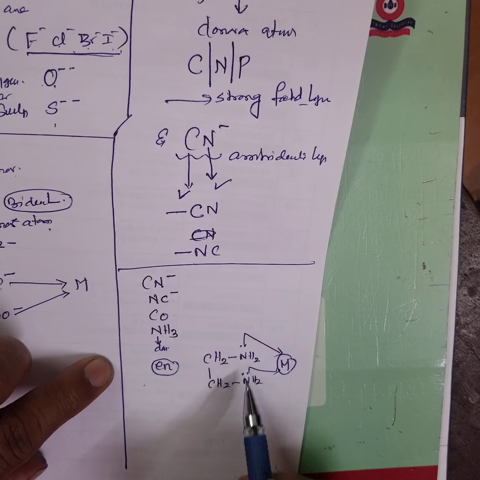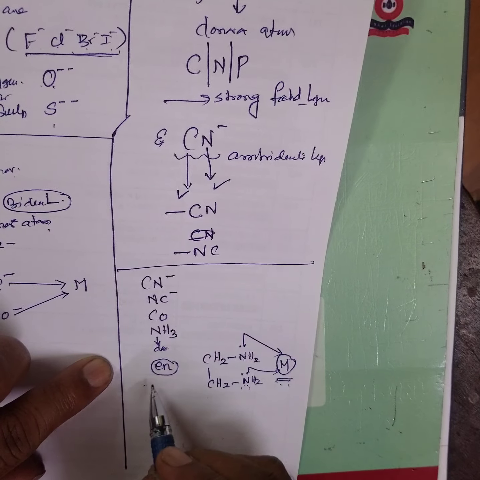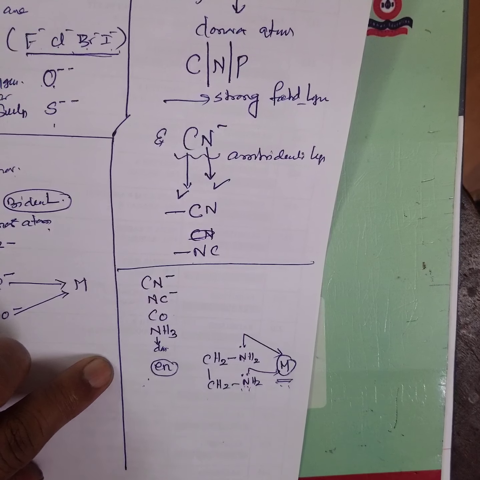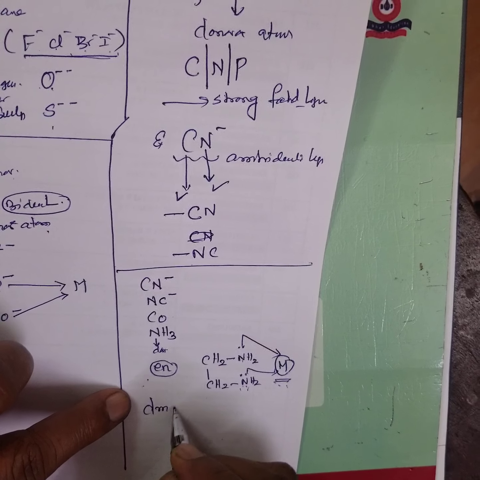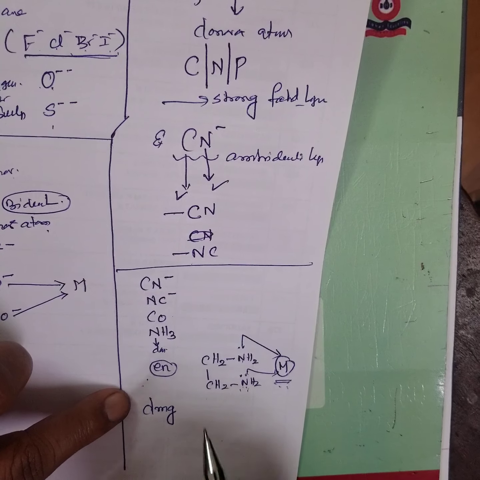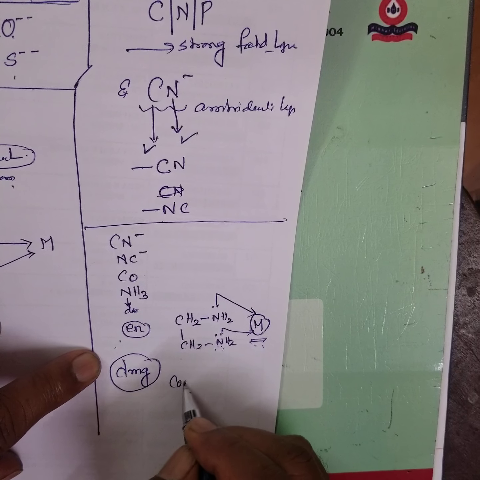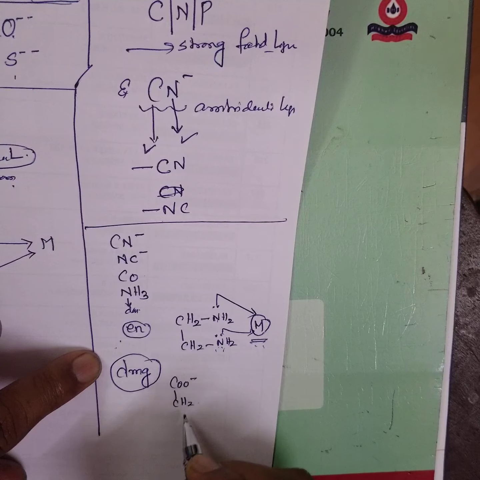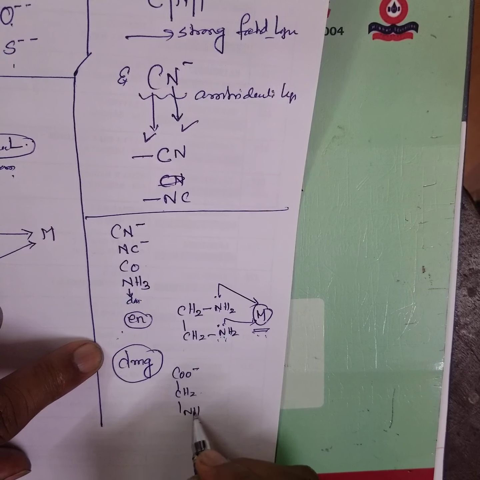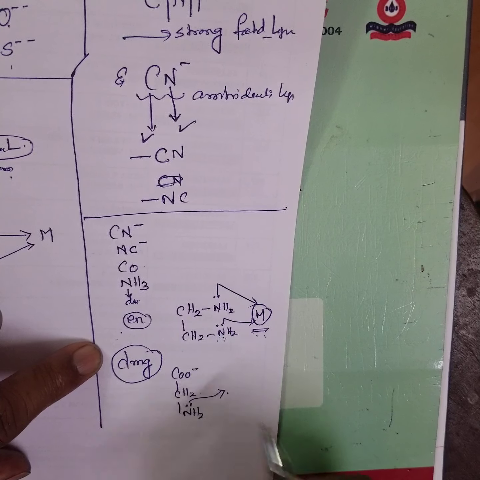The donor is nitrogen. This is a strong ligand, right? See, dimethyl glyoxylate ion, this also, here what? COO, CH2, NH2. Here nitrogen is the donor.